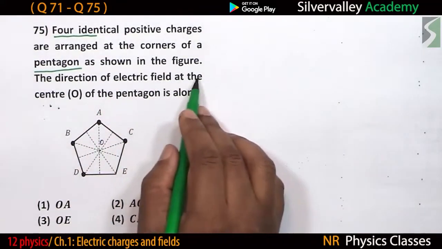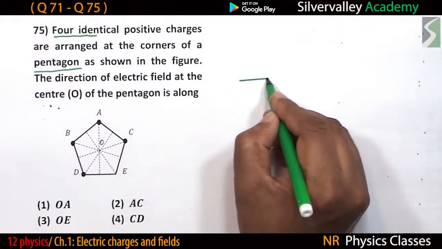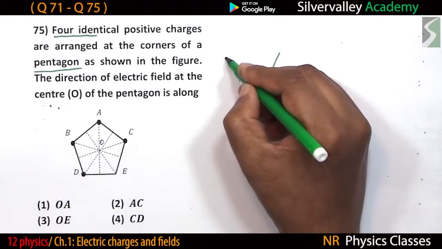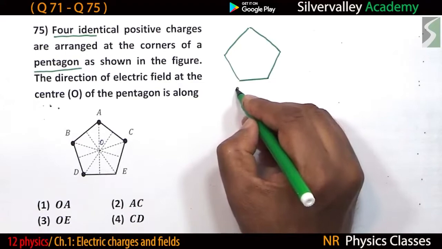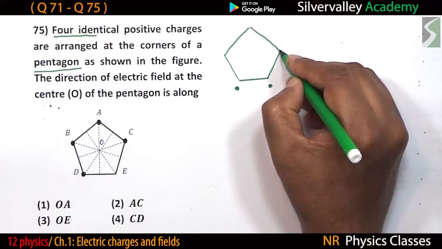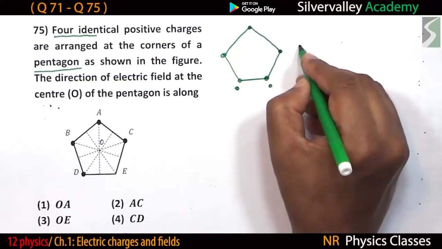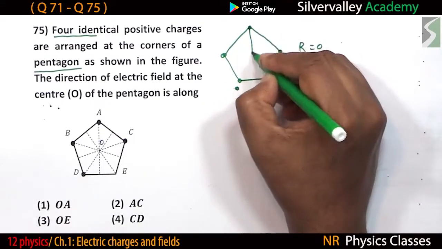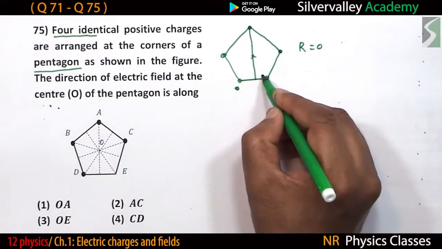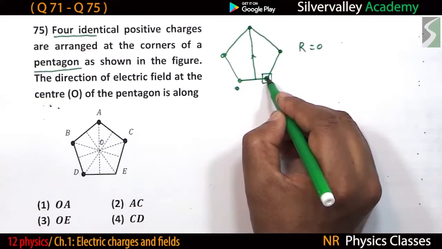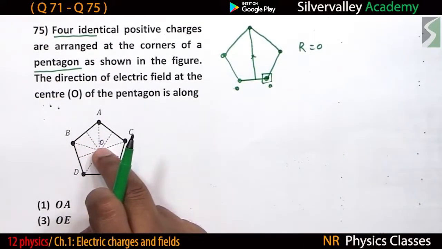If there are 5 charges, if this is the pentagon, there are 5 charges, then the resultant at the center is 0. Meaning if this charge is included in this system, then the resultant becomes 0.